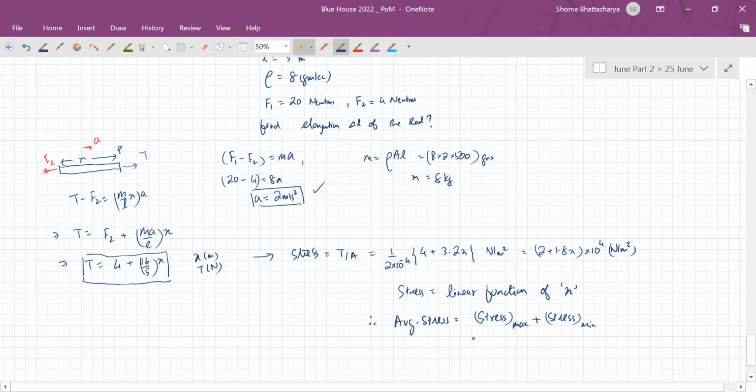You can avoid the integration step. So maximum is when x is equal to 5 meters. So that should be 2 plus 1.6x, right? Yes, sir, 1.6.